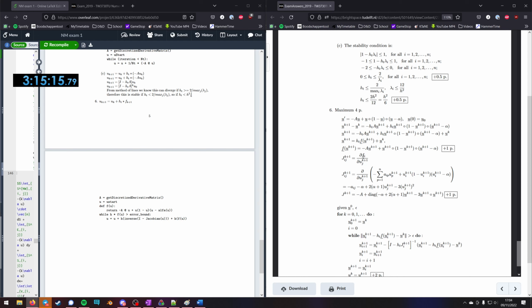Because it's df over du. So they're literally putting f in here, and then deriving f with regards to uk plus 1. So they're just giving you a function for j.